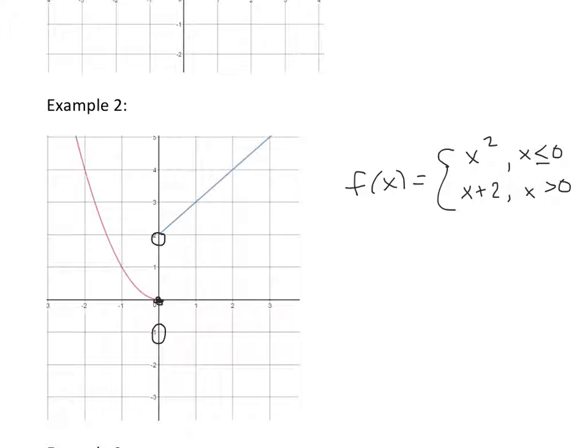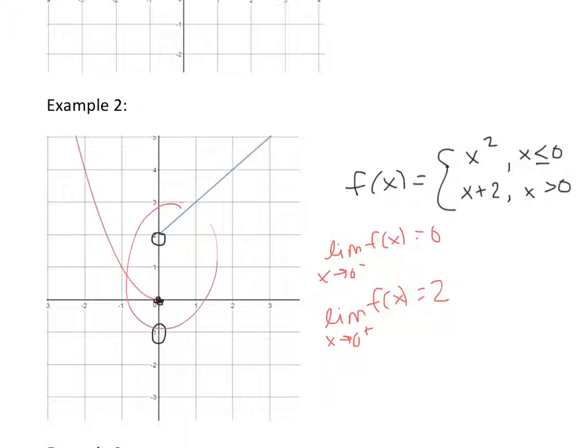The limit from the left side of my function does not equal the limit from the right side. The limit as x approaches 0 from the left equals 0, but the limit as x approaches 0 from the right is equal to 2. We can see that from our graph, obviously.